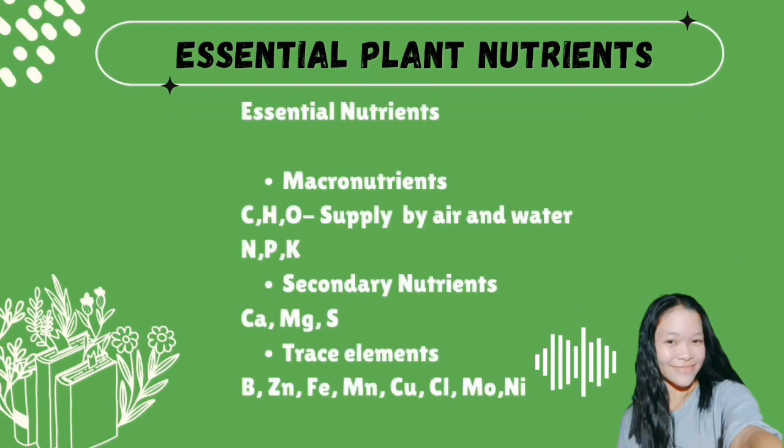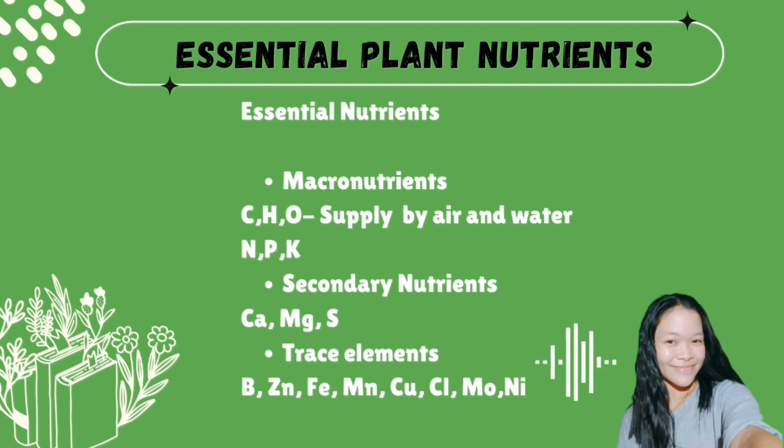Essential nutrients of nutrient management. Actually, we have 17 essential nutrients, but we take only the macronutrients and the trace elements, also what we call the minor or micro elements. The macronutrients, we have the NPK: nitrogen, phosphorus, and potassium.